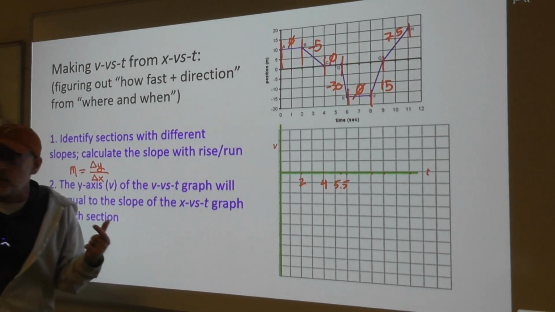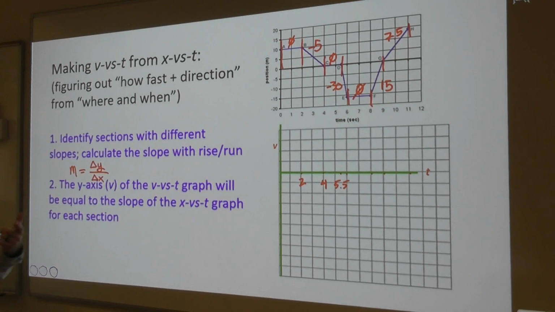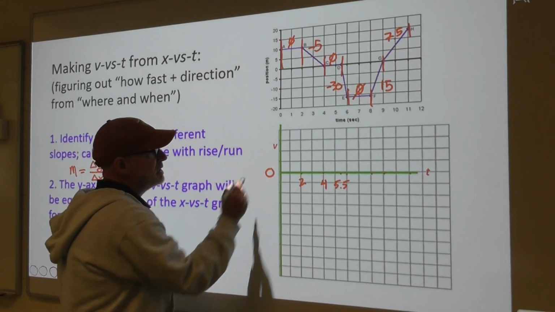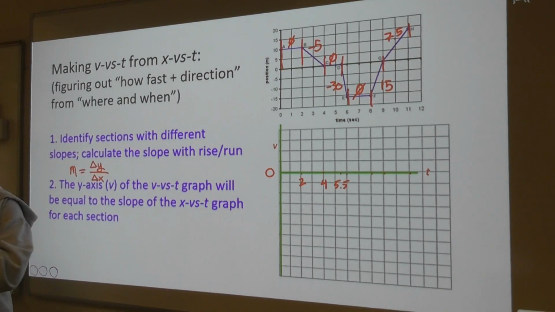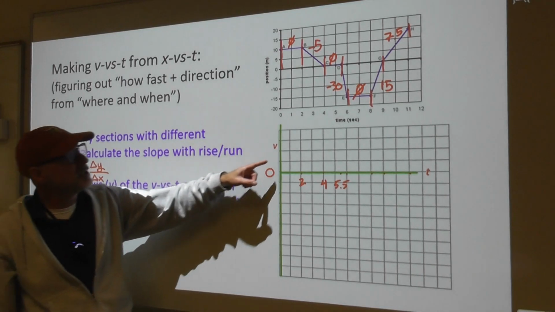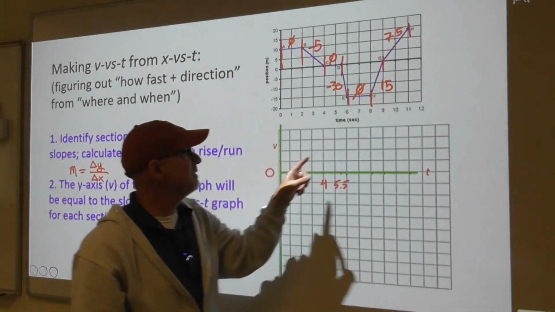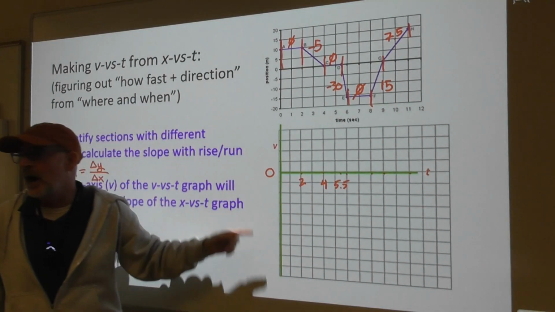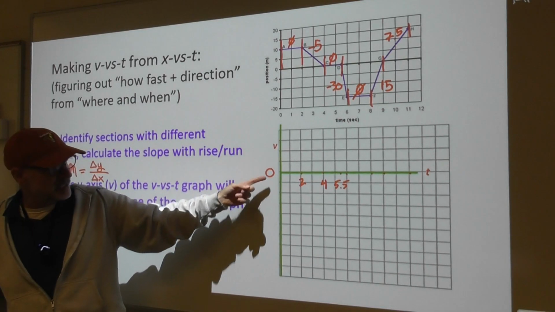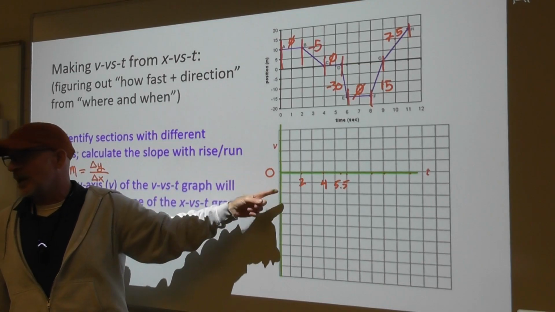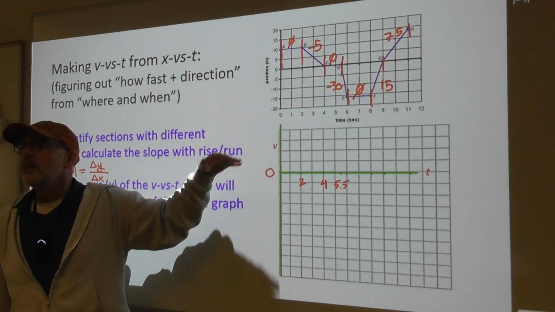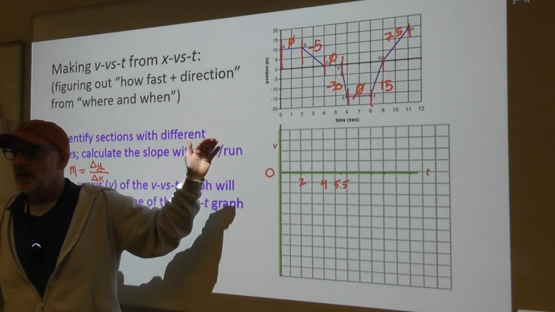So plot the slope. What does that mean? Well, here's my velocity, and this is 0, and I need to be able to plot numbers that go up to positive 15 and down to negative 30. So I've scaled this graph. You can see it's kind of weird, it's not symmetrical. That's because I knew that I needed more negative values than positive values.